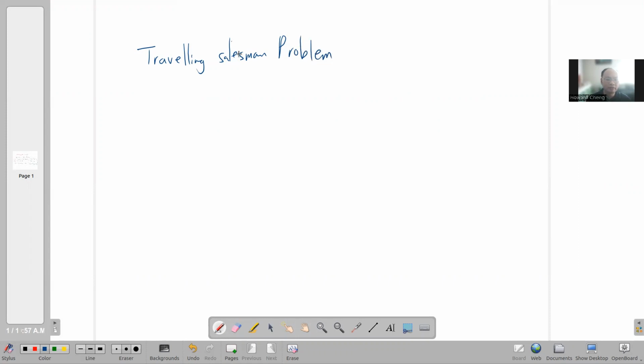And there is a well-known algorithm, definitely for competitive programmers, a dynamic programming traveling salesman algorithm whose runtime is n squared times 2 to the n.